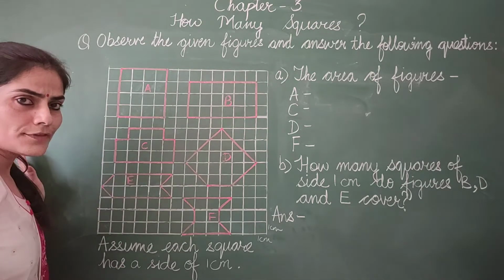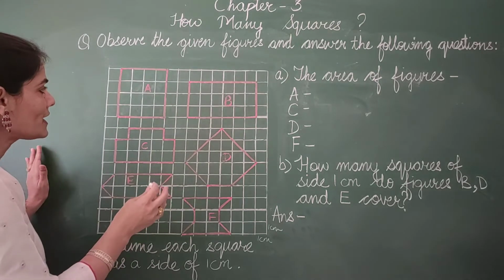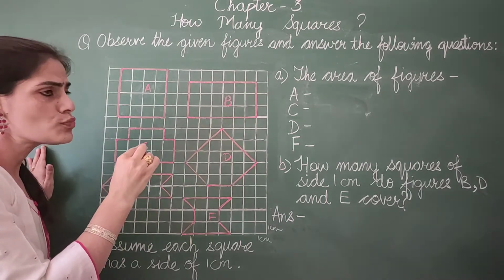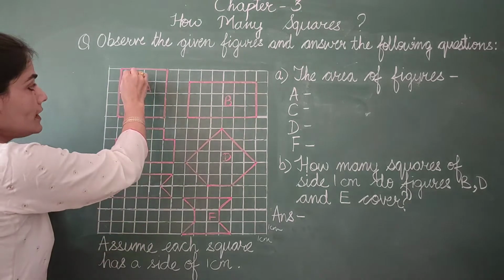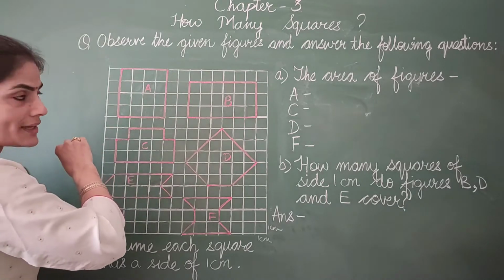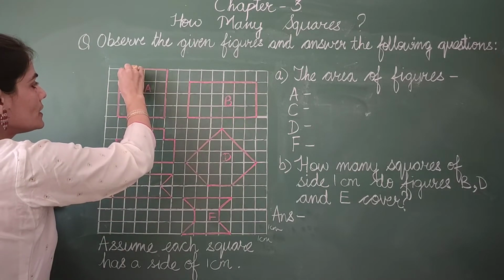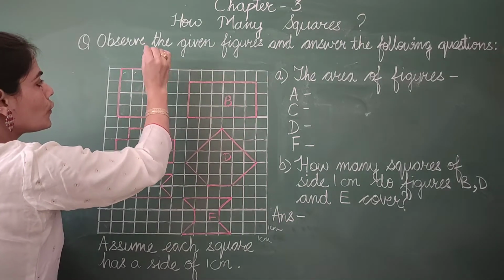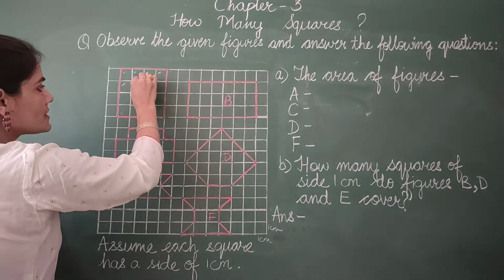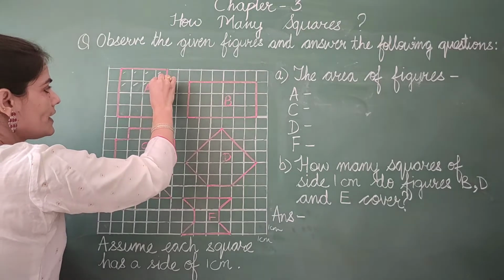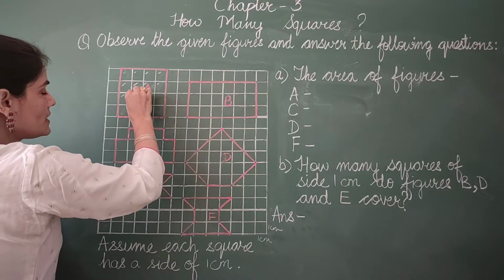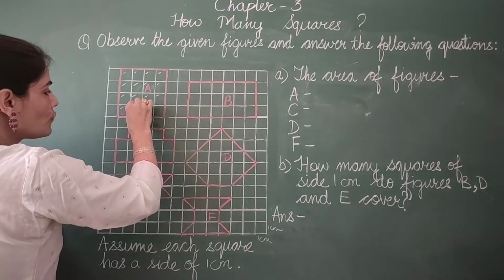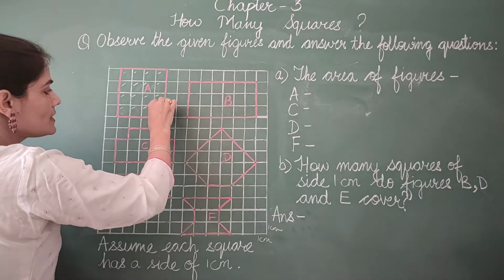So let's see how are we going to find the area of figure A. Now, there are several ways of doing that. One is that we mark them with a small tick in each of the small squares. So, how do I do? 1, 2, 3, 4, 5, 6, 7, 8, 9, 10, 11, 12, 13, 14, 15, 16.